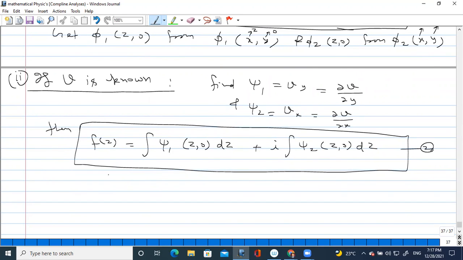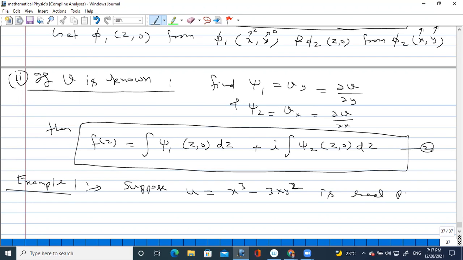Okay, so we can take one example to apply this method. Suppose u is given, x cube minus 3xy square, is the real part of an analytic function.